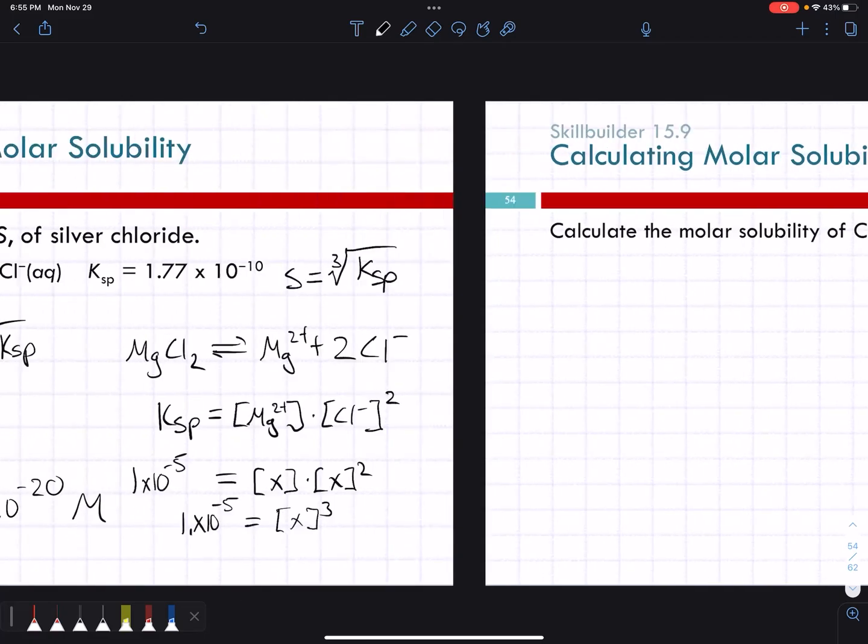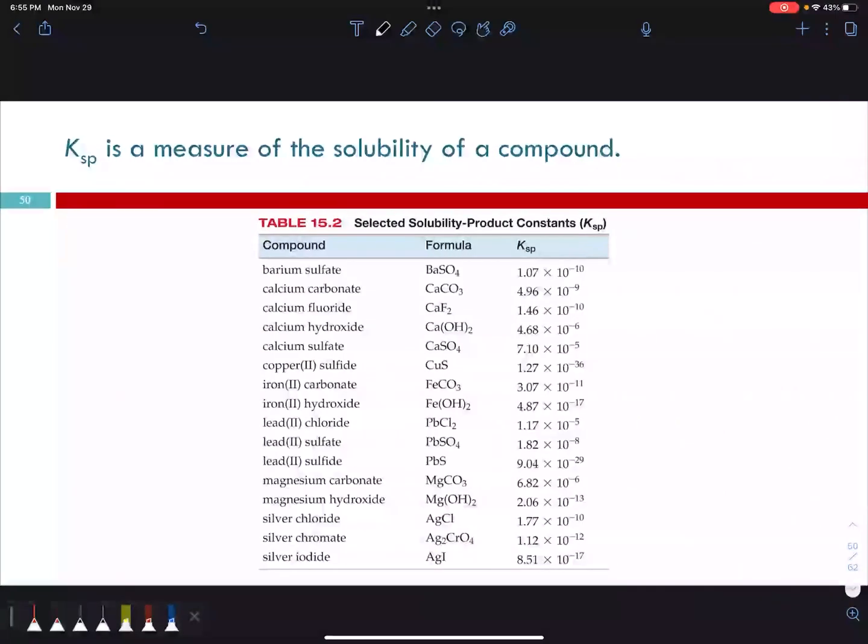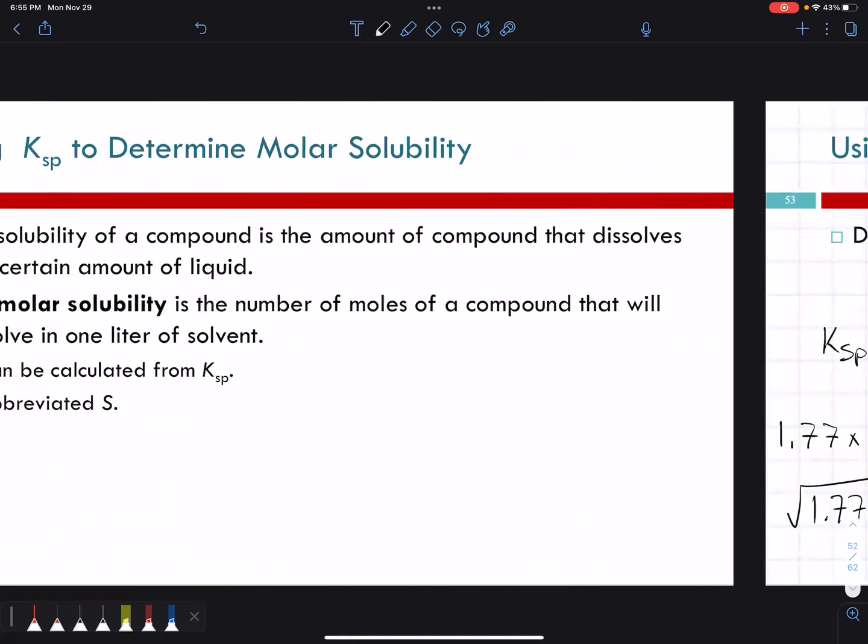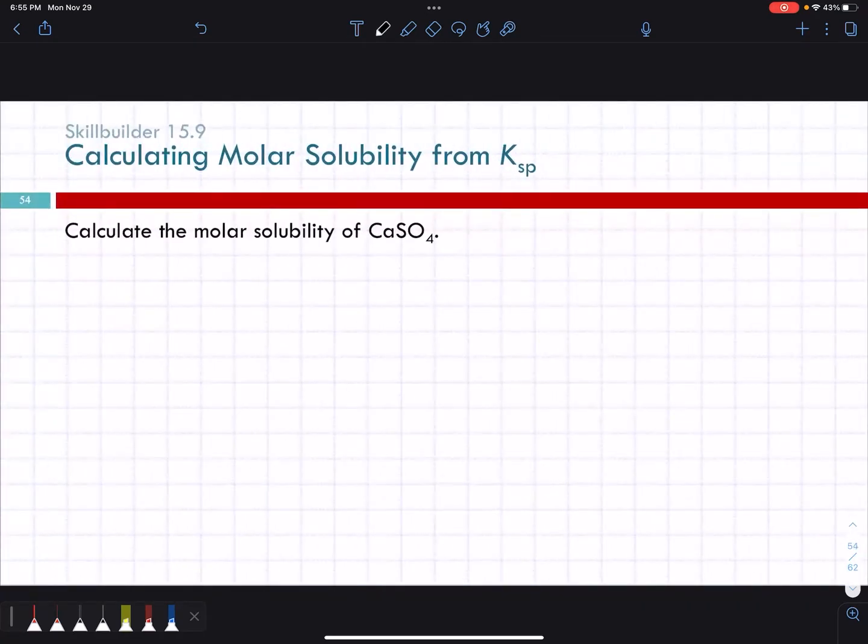We don't have the, oh, I guess we can use this table. Was it calcium sulfate? So Ksp is 7.1 times 10 to the negative 5. So then we want to calculate the molar solubility. So that's S. Best practice here is probably to just write out the reaction equation first.